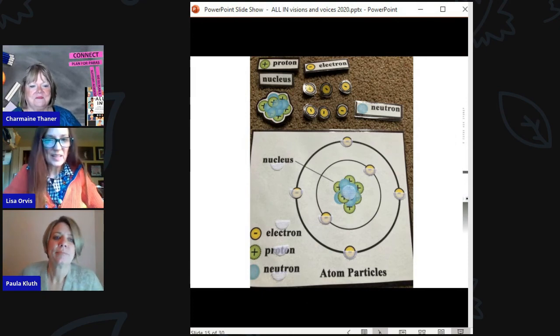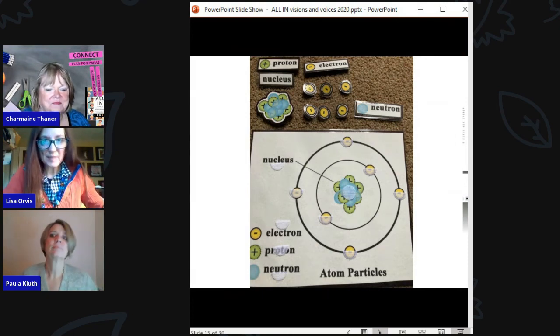Yeah, absolutely. So my daughter's taking chemistry in her senior year of high school, and her special ed teacher that supports this class sent us visuals. And I thought, wouldn't it be great if we could make it a little bit more hands-on? So I enlarged it, printed it off, and laminated and put Velcro.